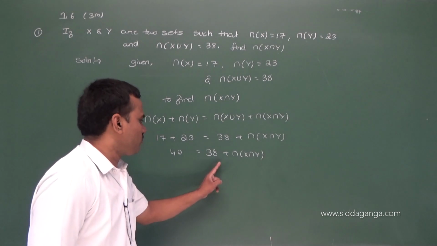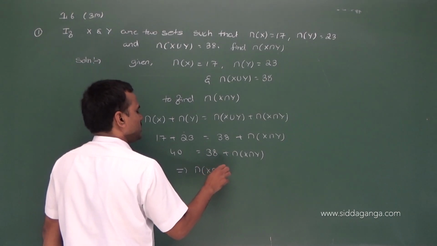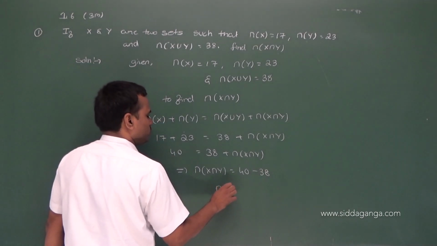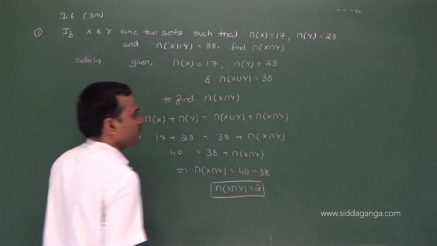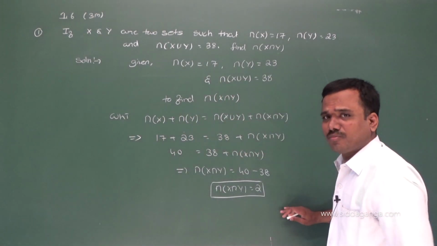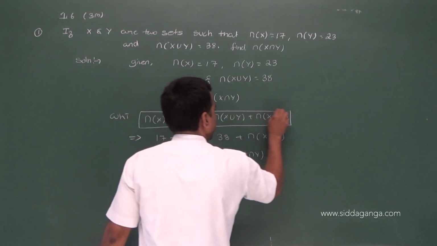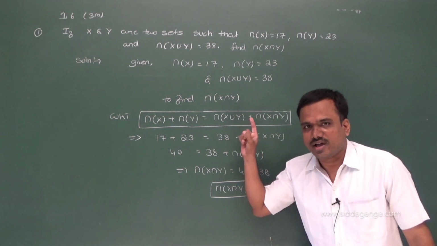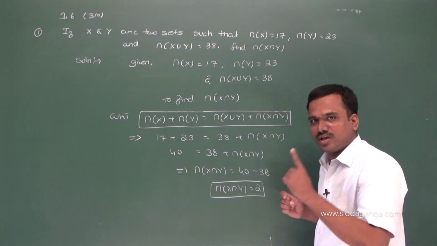I shift 38 from the right side to the left side. That implies n of X intersection Y is equal to 40 minus 38. Correct? n of X intersection Y is 2. See the problem, a very important problem for a 3-mark question. Very simple problem, so I use the formula n of X plus n of Y is equal to n of X union Y plus n of X intersection Y. Understand?